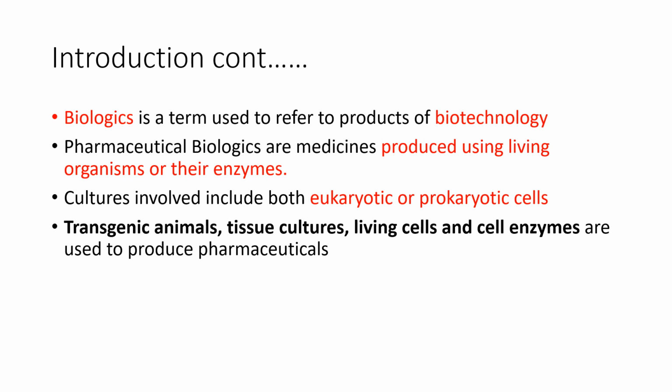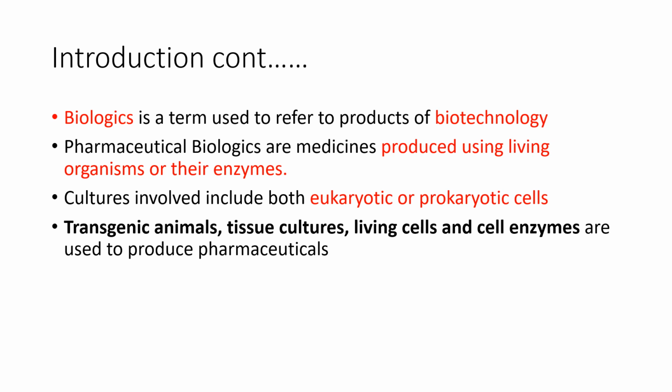Okay, so as alluded to earlier, we're saying biologics. This is a term that is used to refer to products of biotechnology. So all drug products, or all products that are produced by the processes of biotechnology, can be referred to as biologics or biopharmaceutical products, or biopharmaceutical drugs, or biopharmaceutical medicines. So these are medicines that are produced using living organisms.